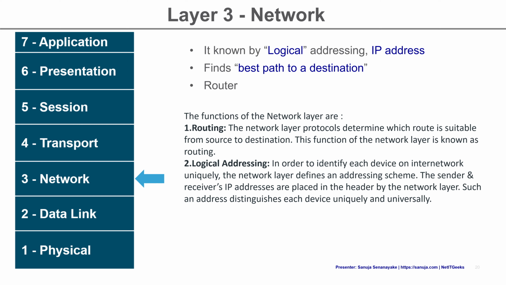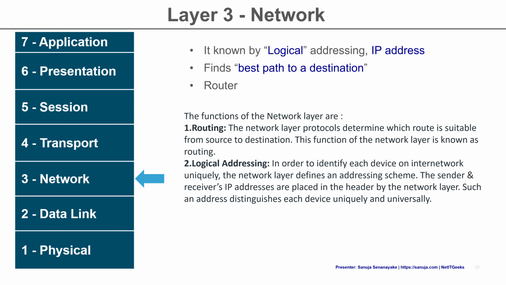If you have a router on your network, that router is basically operating at the network layer level. The functions of the network layer can be defined as, first, routing, where the network layer protocols determine which route is suitable from source to destination. This function of the network layer is known as the routing part.